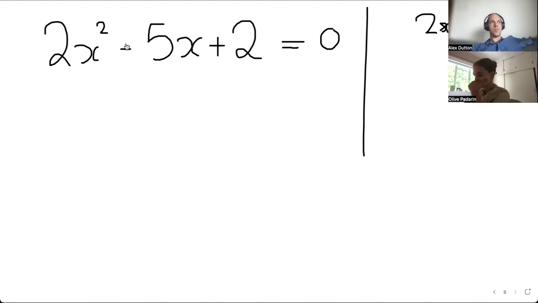Remember, they both add up to be negative, so at least one of them is negative. But they multiply to make something positive, so they must both be negative. Oh, okay. So it's -4 and -1.